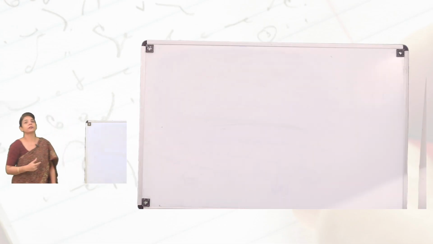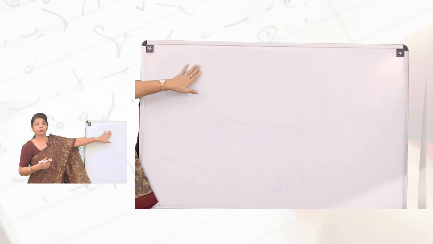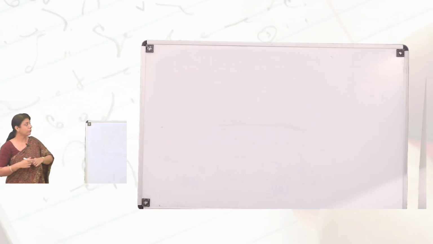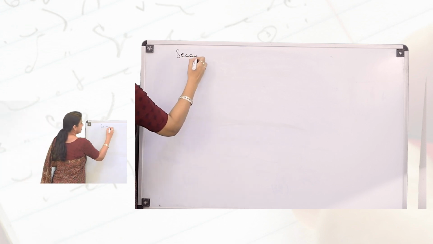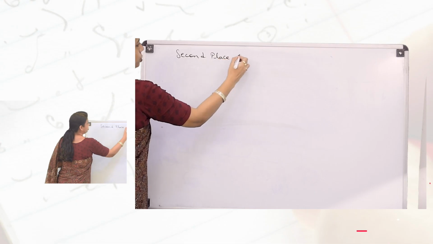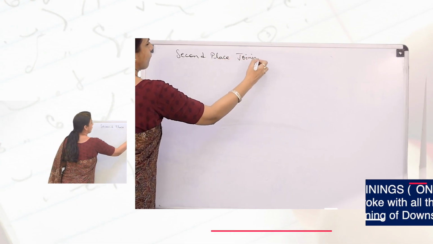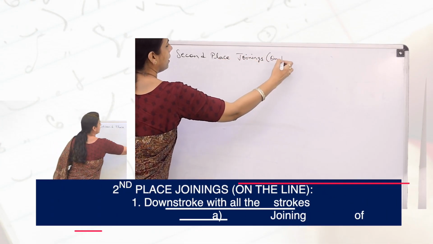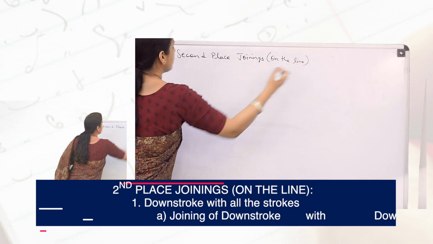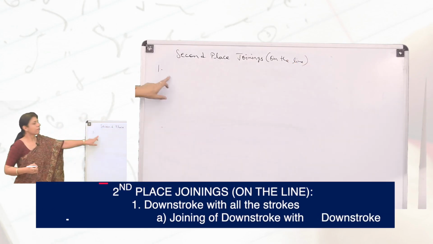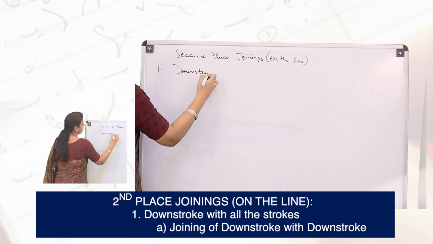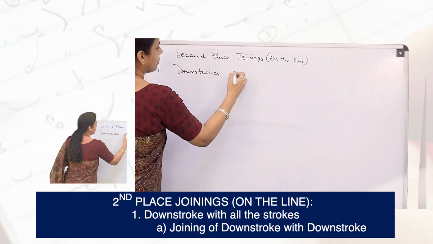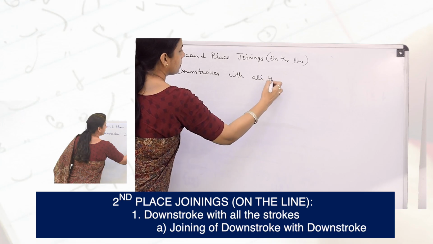Now we'll do the second place joinings in detail, with all the consonants. We are going to categorize it like this: second place joinings mean on the line. First we'll do downstrokes with all the strokes.